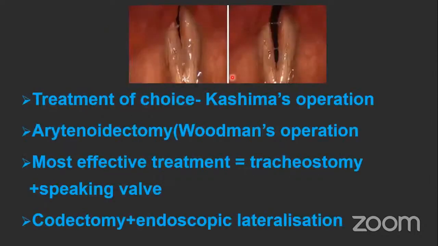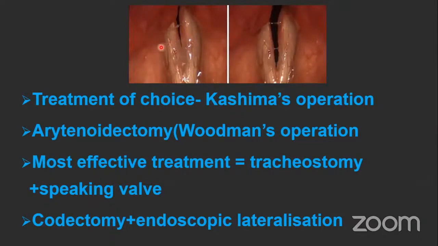The treatment of choice is Kashima's operation. For unilateral vocal cord palsy, what was the surgery of choice? It was type 1 medialization thyroplasty. But here, Kashima's operation is the treatment of choice. Okay, Kashima operation is a very simple surgery by which we separate this part.